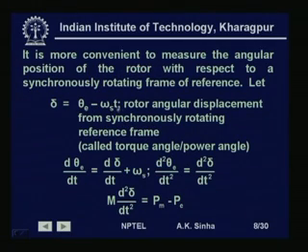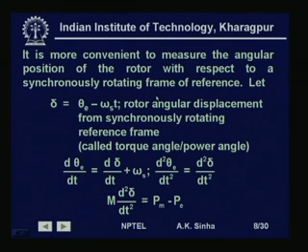So, we subtract this, then we get the angular position with respect to the rotating reference frame. So, delta is equal to theta e minus omega s into t, the rotor angular displacement from the synchronously rotating reference frame. This delta is generally called the torque angle or the power angle.